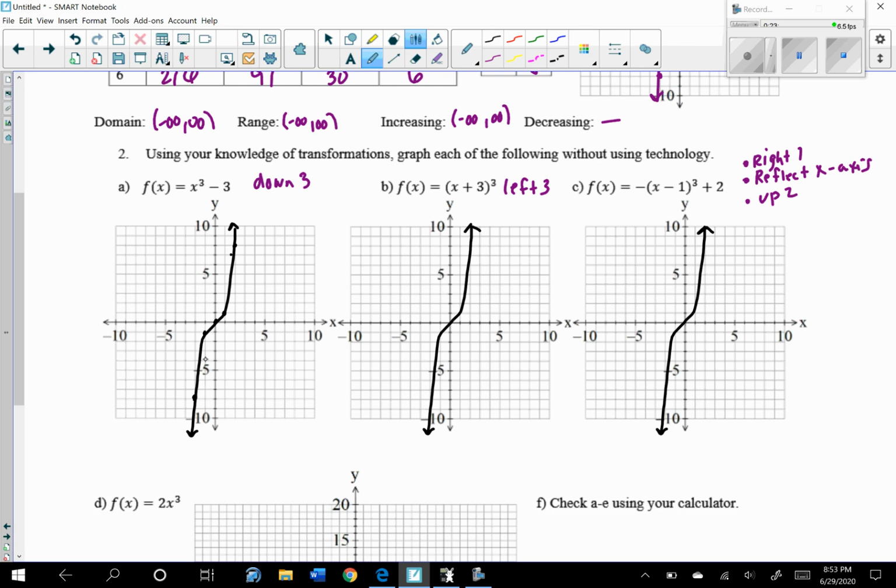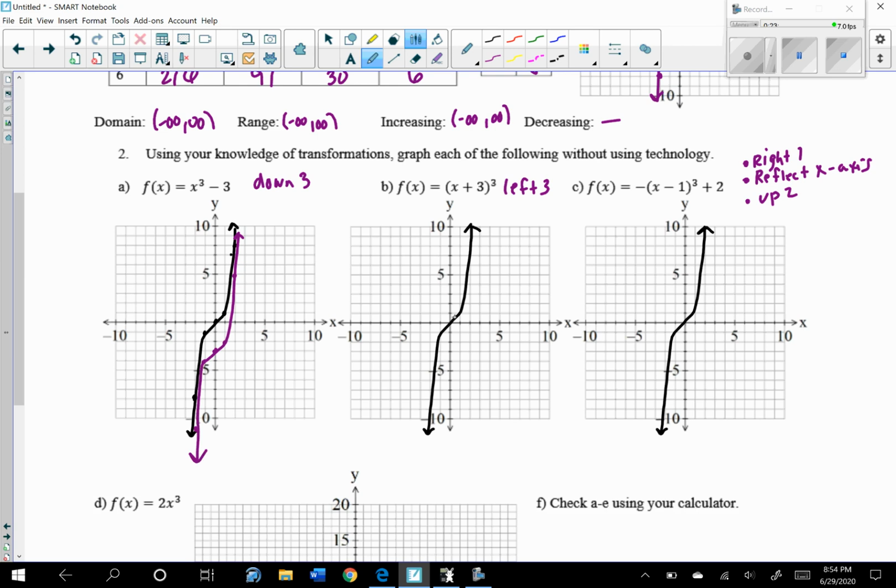So down 3 means you would just actually count down 3 from each point. And then you would just graph your graph.